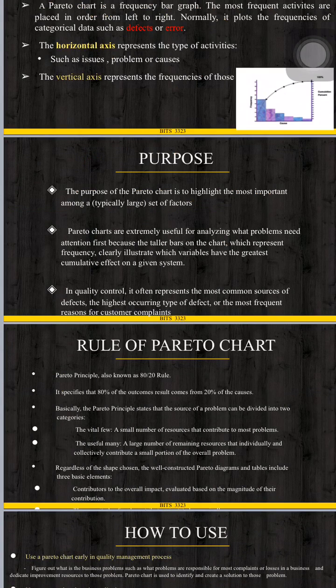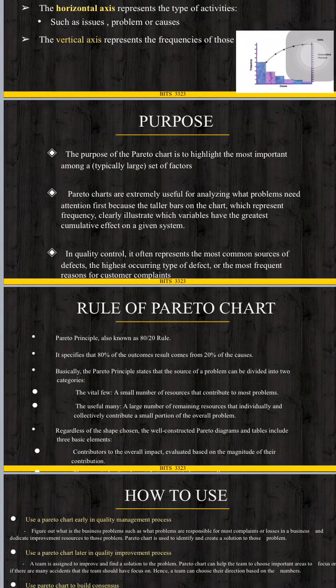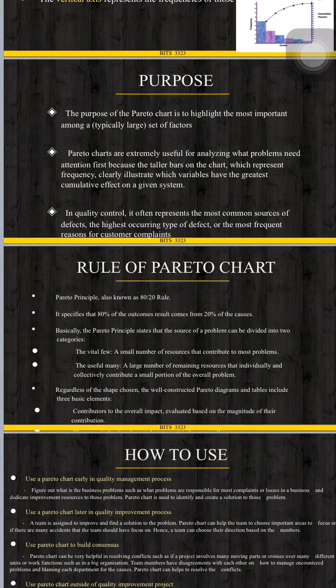Rules of Pareto chart. The Pareto principle, also known as the 80/20 rule, specifies that 80% of the outcome results from 20% of the causes. Basically, the Pareto principle states the source of a problem can be divided into two categories. The first, the vital few, a small number of resources that contribute the most problem.